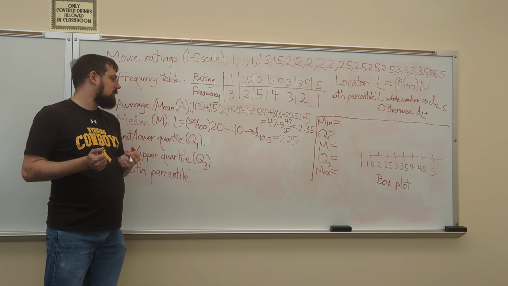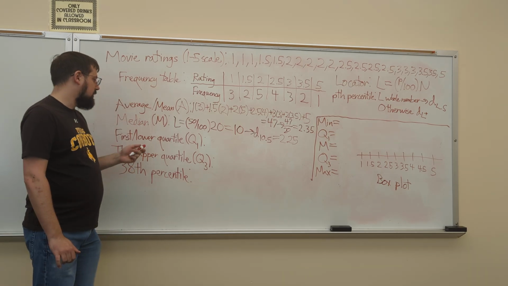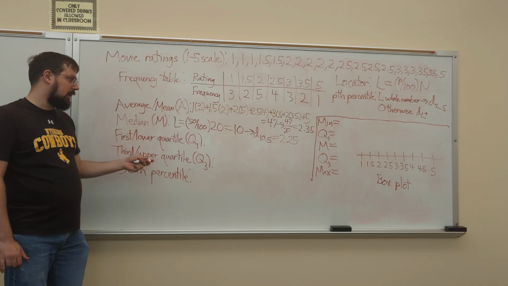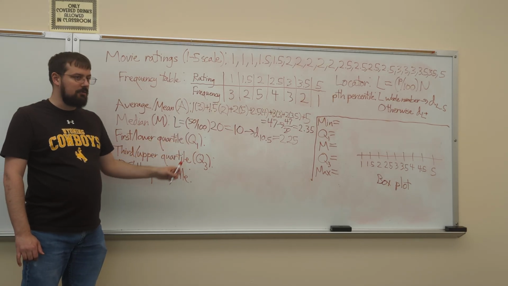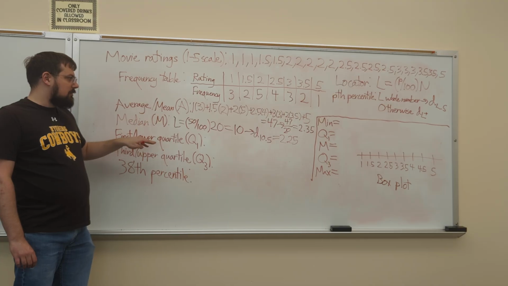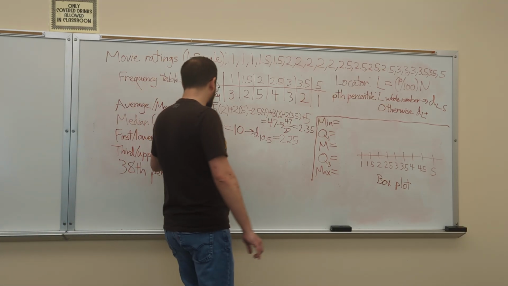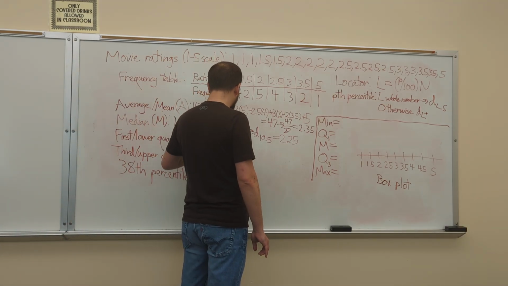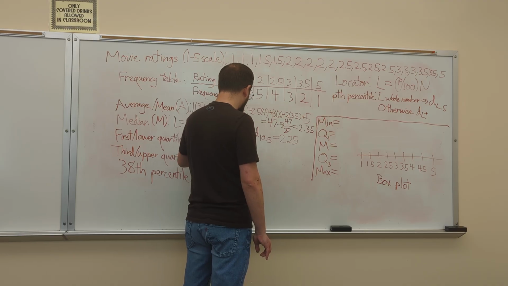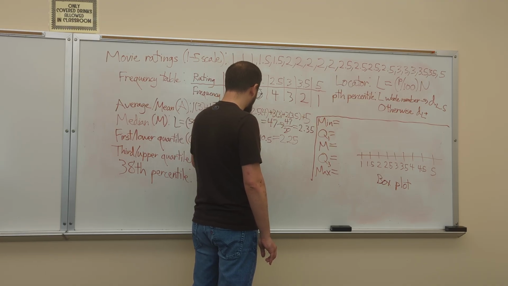The next most common ones that we'll see though are the first or lower quartile and the third or upper quartile, which we abbreviate Q1 and Q3. The lower quartile is just the 25th percentile. So we would do the same thing, 25 over 100 times 20.